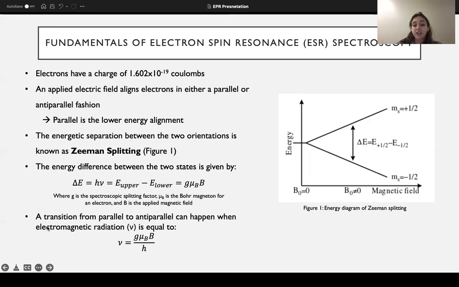Transitions are possible from the parallel to anti-parallel state and can happen when the electromagnetic radiation energy is equal to g mu sub B times B over Planck's constant.